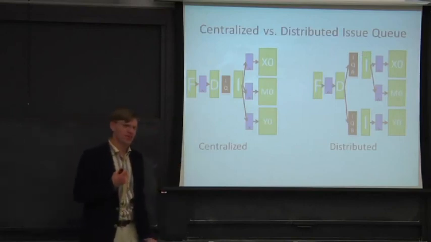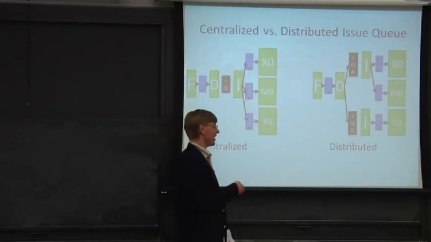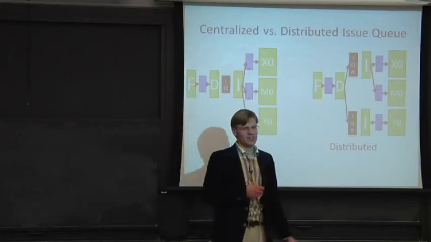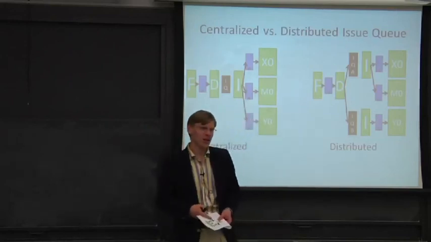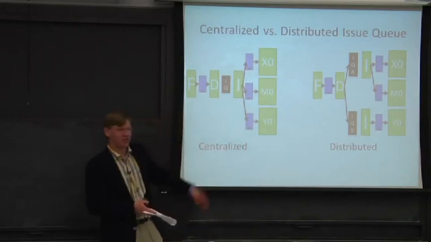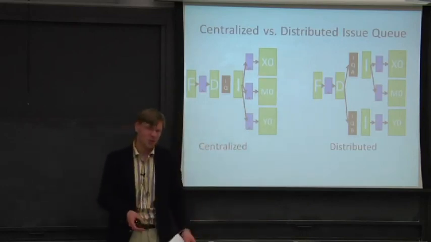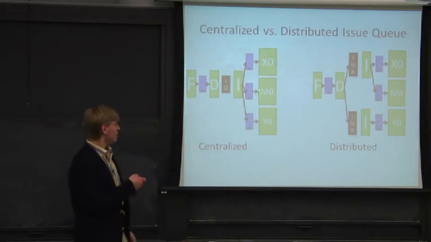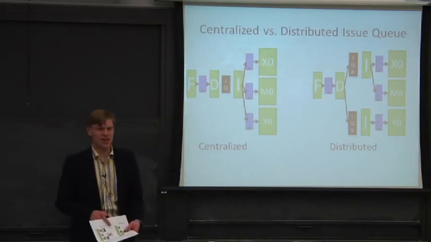Strangely enough, the first place in literature that these instruction queues showed up was around that time or in that paper. And they actually go straight to the distributed version and kind of skip the centralized version, which I always found a little bit odd. But lots of people build centralized ones today.